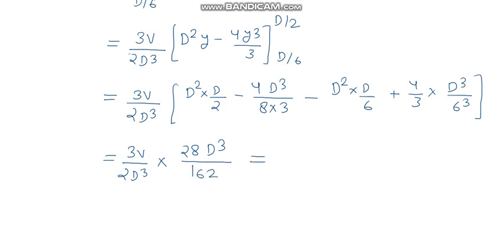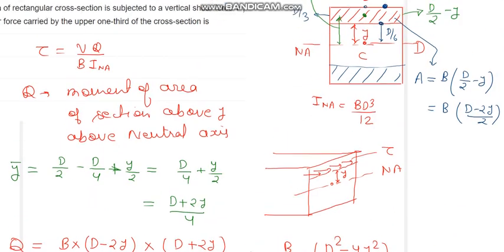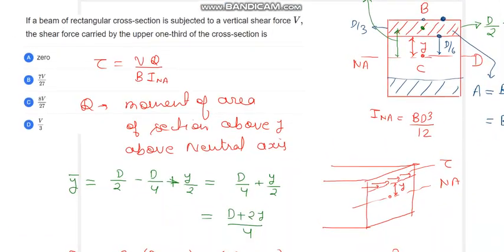So this becomes 14, then 7, and 81, and the D cube cancels out, so this becomes 7V upon 27. So if we look into the options, we find that the correct option is B, 7V divided by 27. Okay, thank you.